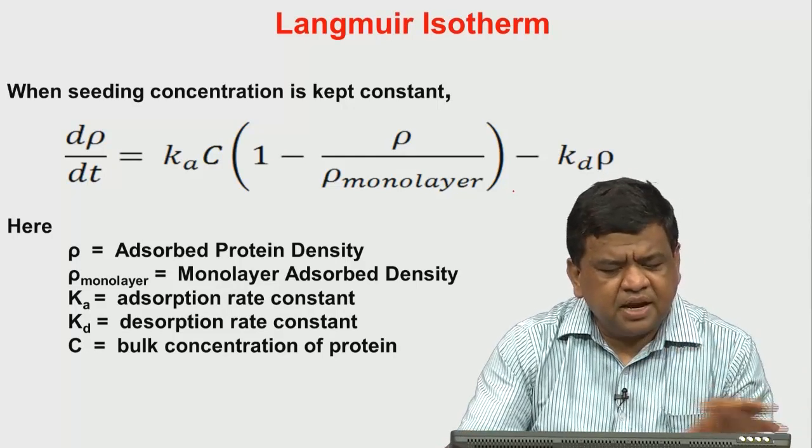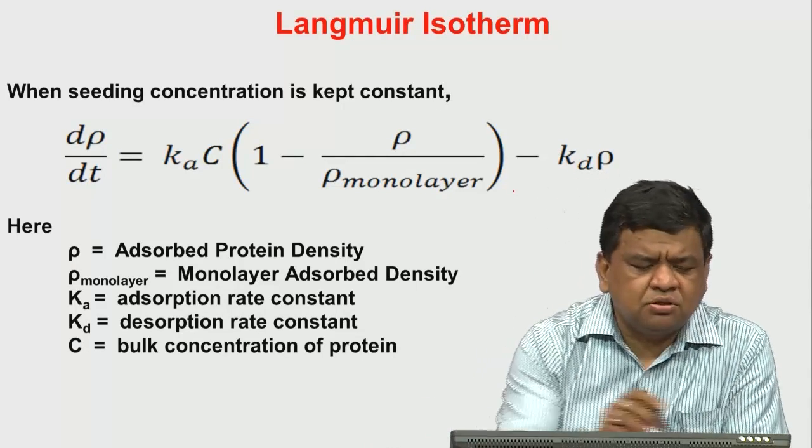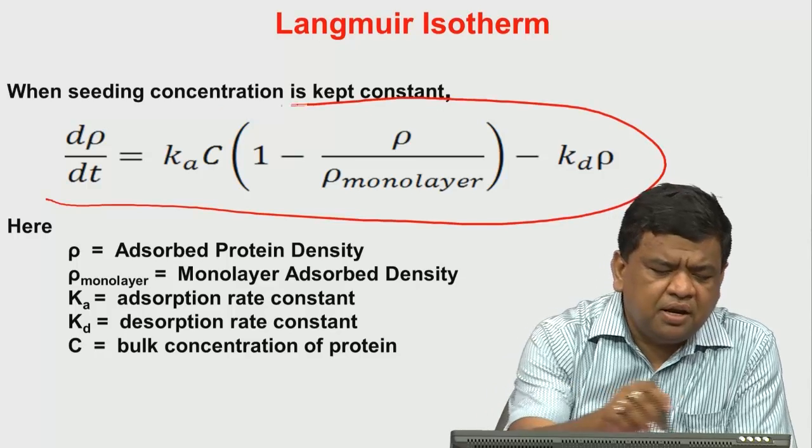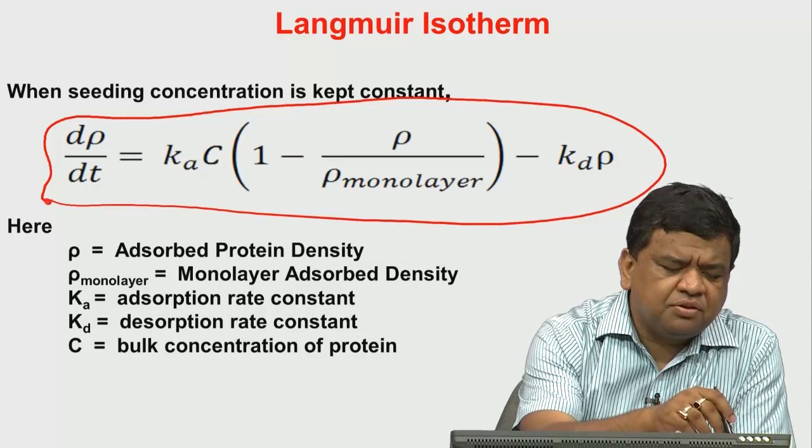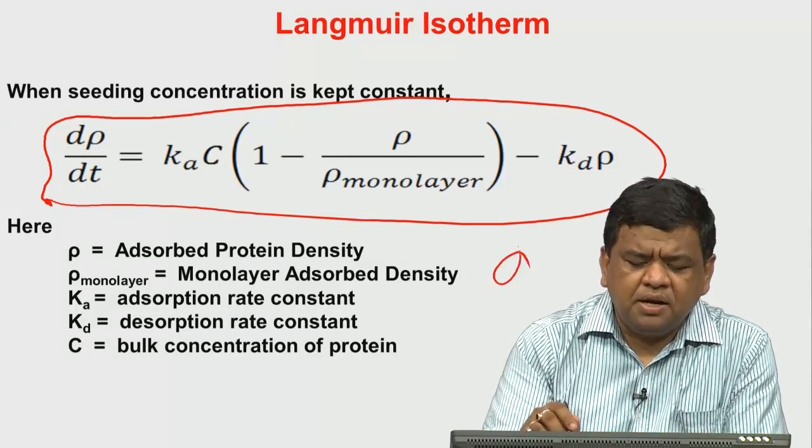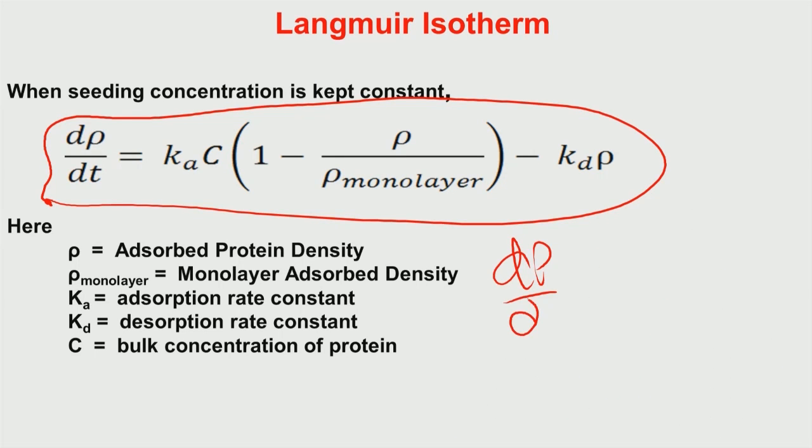This is the second expression, which is also equally important in describing the Langmuir isotherm: d rho by dt, that is the change in the protein adsorption density with respect to the time of incubation, is equal to two terms.